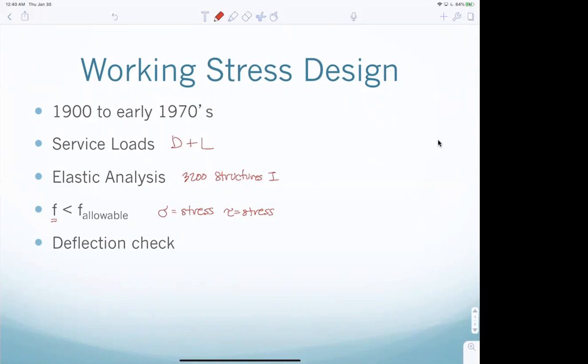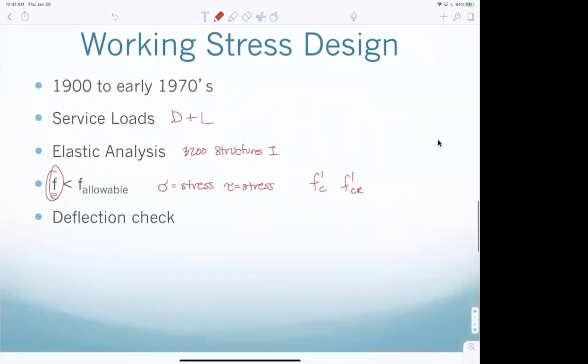Why F and not S? I don't know. But F means stress in concrete. That's kind of a weird thing. So whenever you see F, it's some sort of stress, like f'c, or if you took CE materials with me, f'cr, which is the required average strength. And after you design your member, making sure that the stress is less than an allowable stress, you check the deflections.